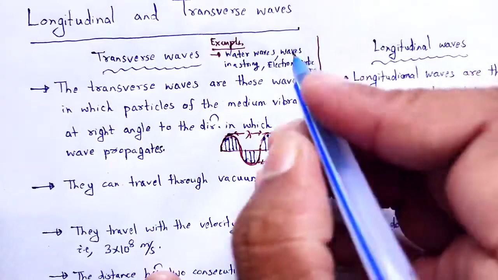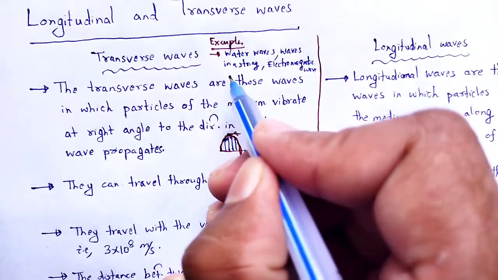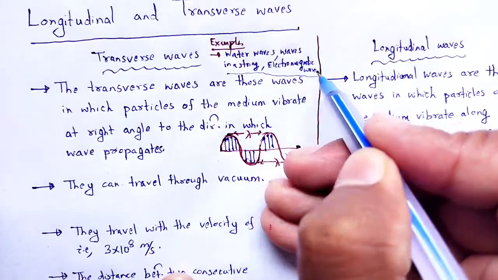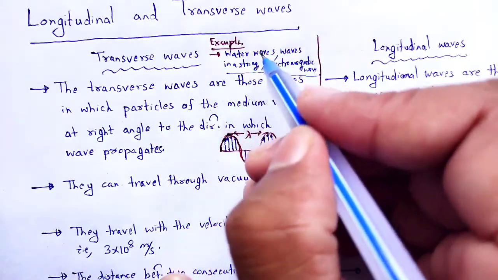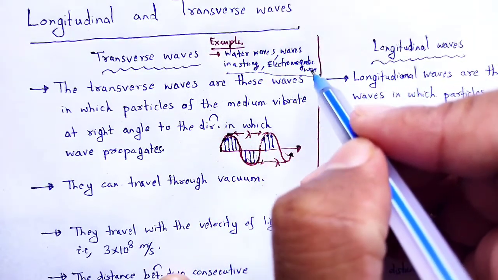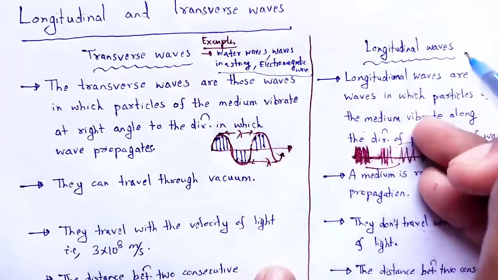Water waves, waves in a string, and electromagnetic waves are some examples of transverse waves.